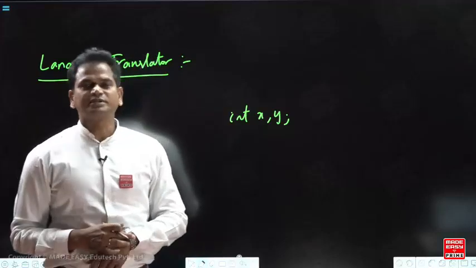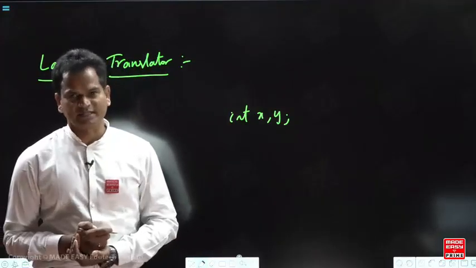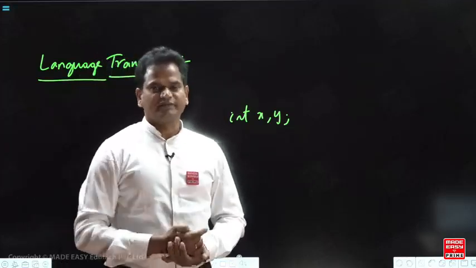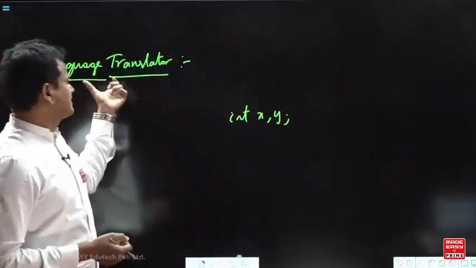For us, it is impossible to write the program in terms of zeros and ones. We write in our understandable language. The computer understands its own language. So in between, a mediator is required. That mediator is the language translator.